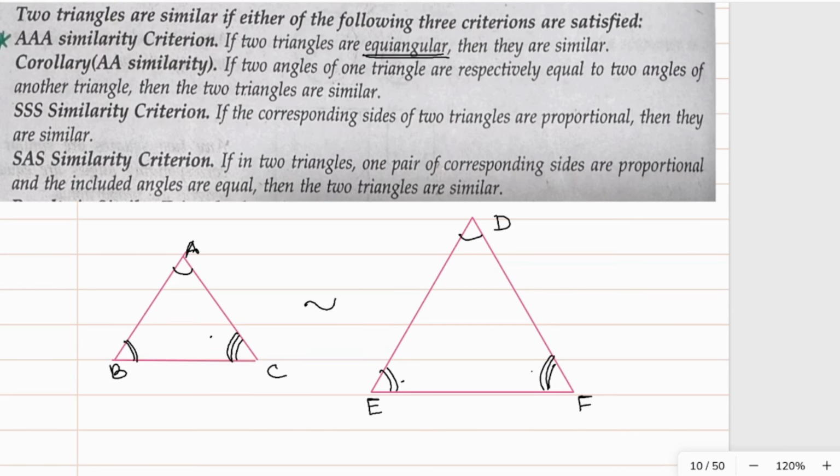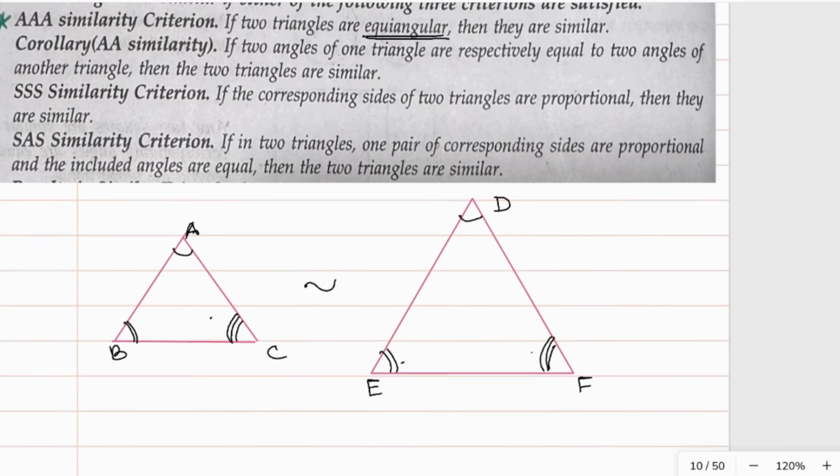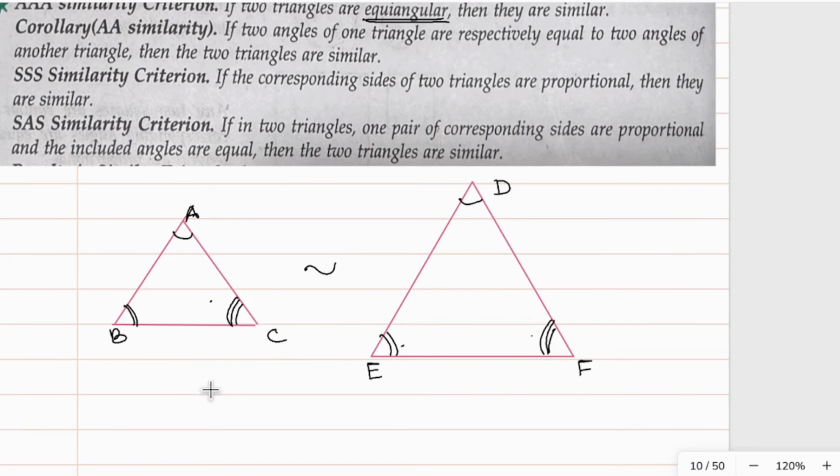Similarly, we can tell that two triangles are similar if, instead of the angles, they are mentioning the sides: if the corresponding sides of two triangles are proportional, then we can tell that they are similar.